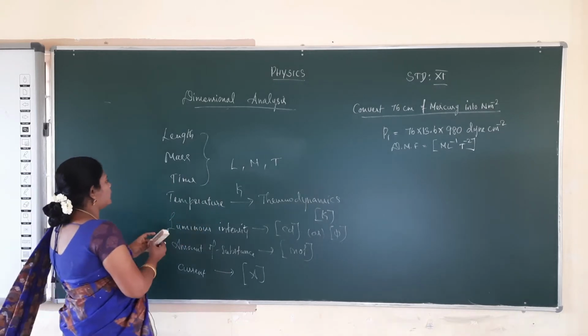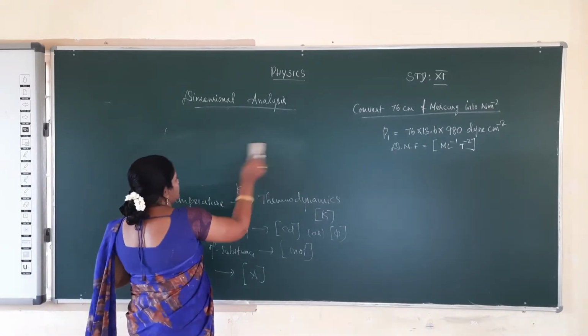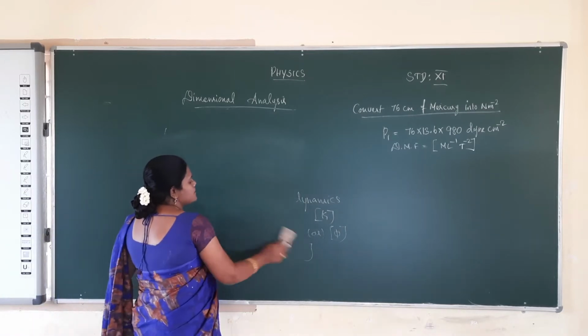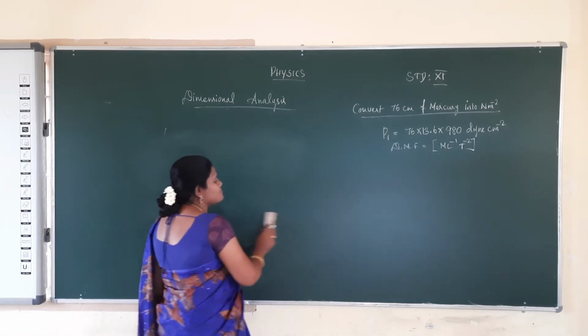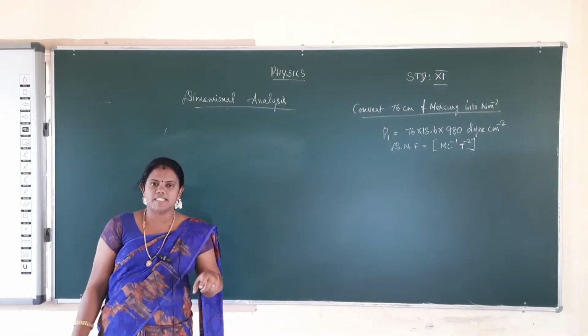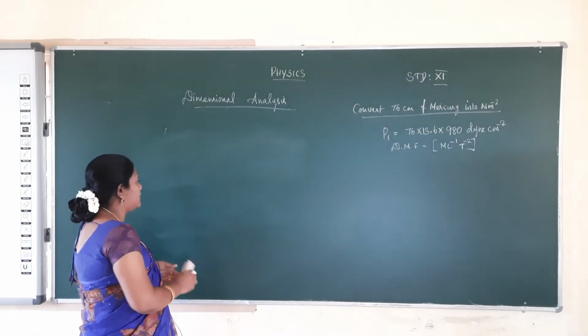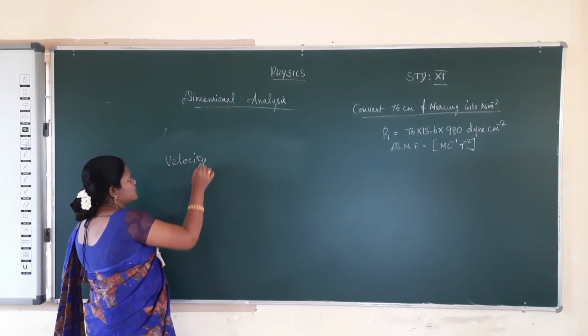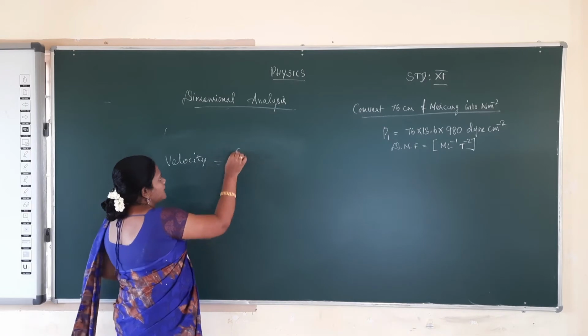Now we will go to dimensional formula and dimensional equation. What is the meaning of dimensional formula and dimensional equation? Dimensional formula is nothing but mentioning the physical quantity in capital letters within a square bracket. For example, velocity. What is the formula for velocity? Displacement per time.